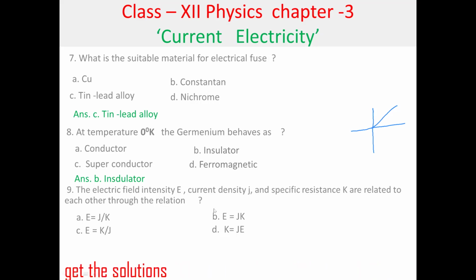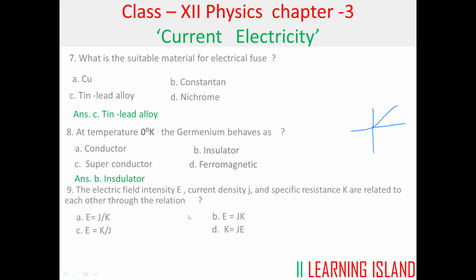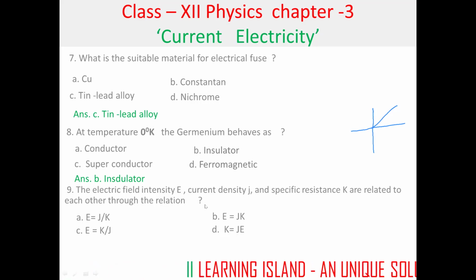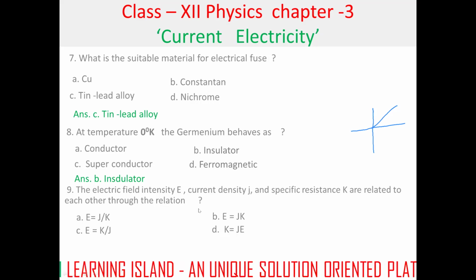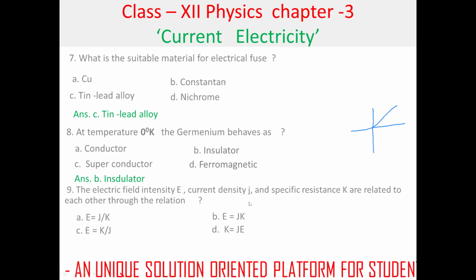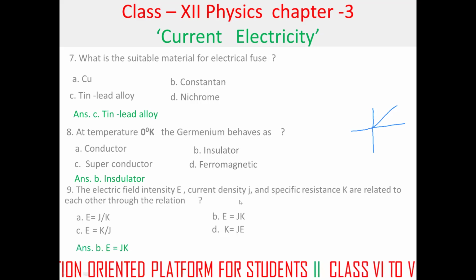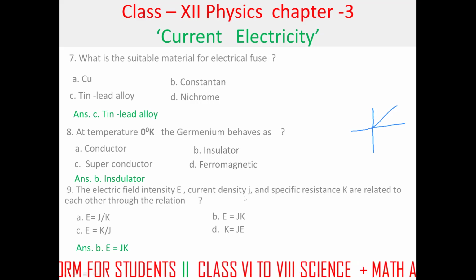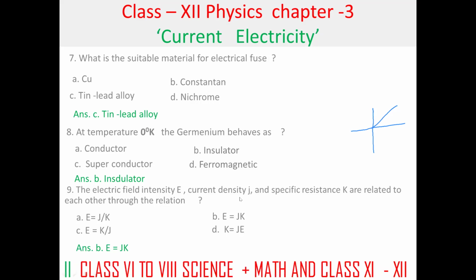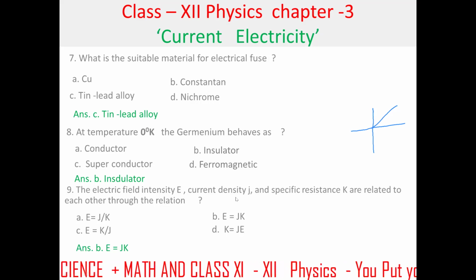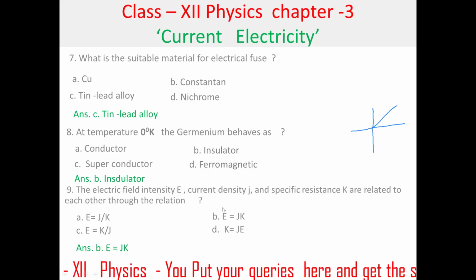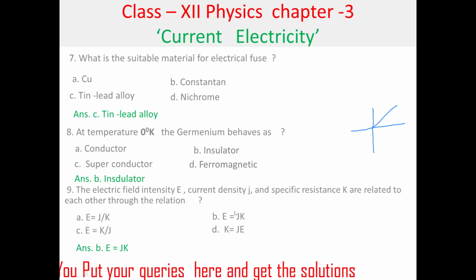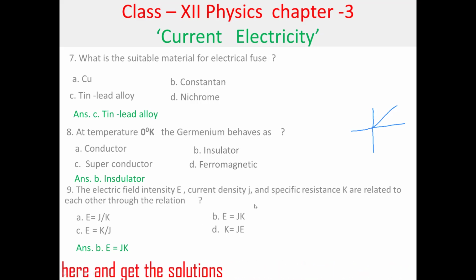So what would be the answer here? J is the current density. So the answer with that relation would be E equal to JK. For this you will have to go through my another video where the relation is derived. So this is the relation, so no need to explain here now. Now let's go to question number 10.